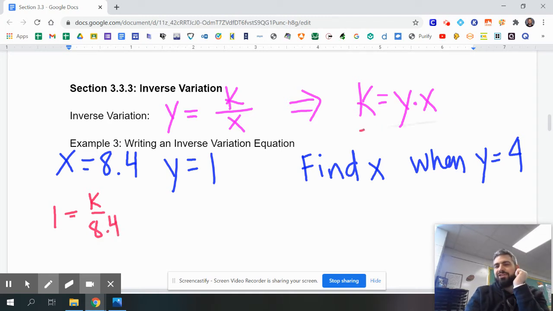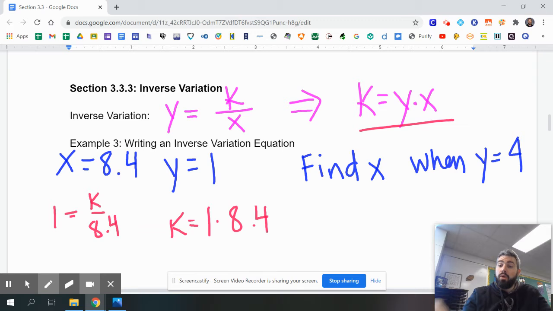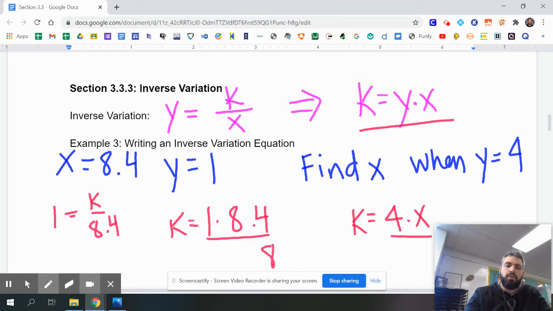Or it may be easier to use this one, right? And so we're actually going to say K is equal to 1 times 8.4. We also know over here that K is going to be equal to 4 times X, which is just 4X. And since they're both equal to K, they're equal to each other. So we're going to say 8.4 is equal to 4X.